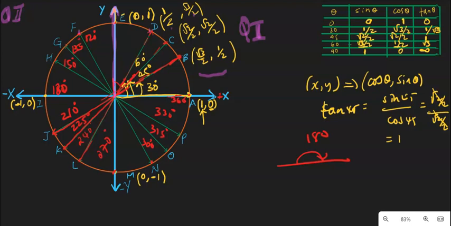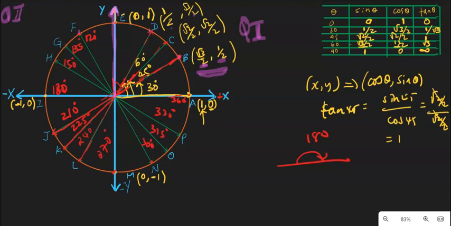So what it basically means is, if you are mirroring the value of point B, which is √3 divided by 2 and 1/2, using the positive y-axis, what it means is the y coordinate will not be changed, but the x-coordinate will be changed. That means its sign will be changed, because we are mirroring this value into the negative x-axis side.